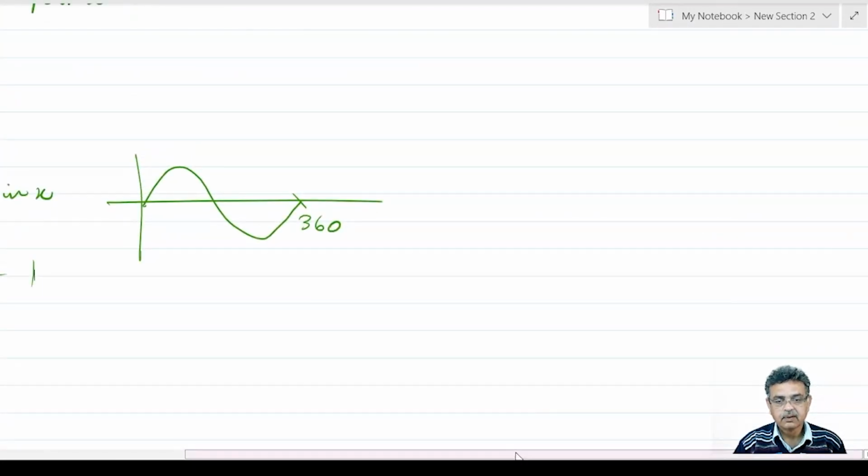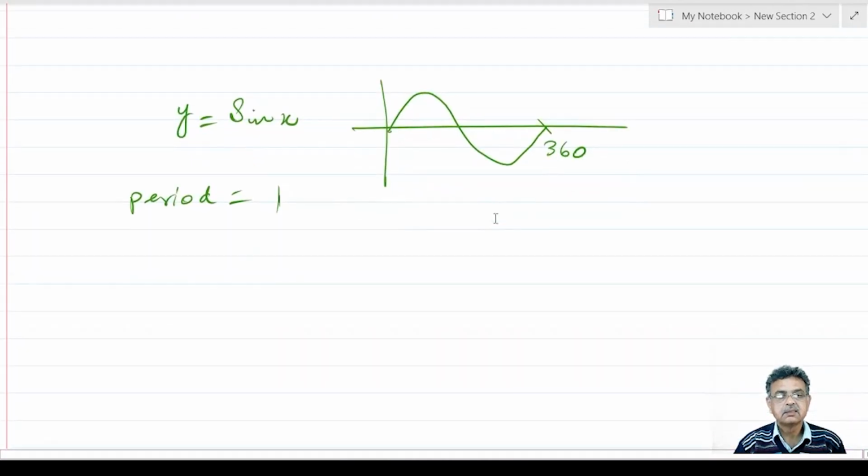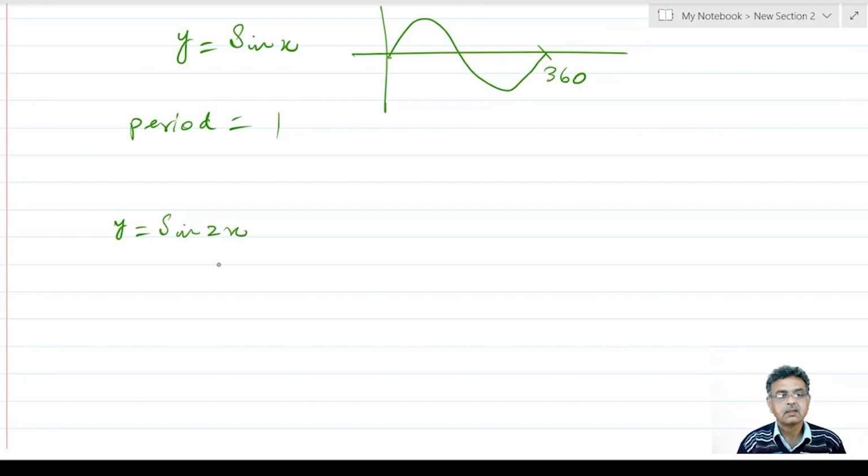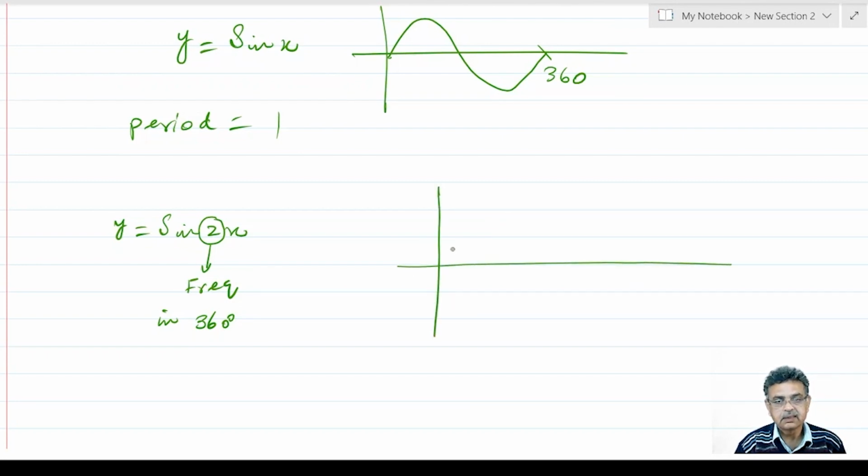Or within 360 degrees, if we write y is equal to sine 2x, then previously we said that this is the frequency of the graph, the frequency in 360 degrees. That means there will be two cycles in 360 degrees.